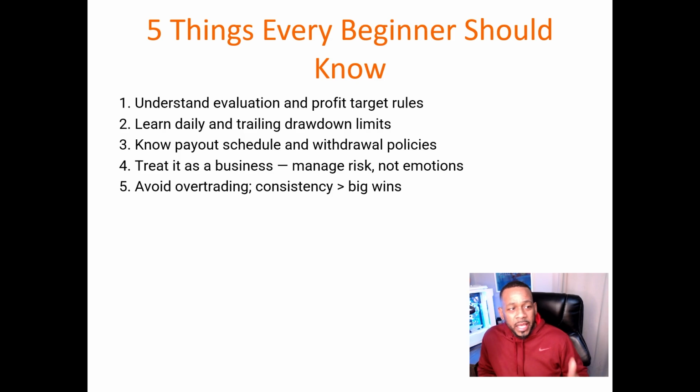And number 2 here, each one of their sites has a daily drawdown limit or trailing drawdown limits. You need to know what that prop firm has and how that will affect your trading. I'll say this all in summary once I get through the 5 steps, but the main thing is having these rules will make you a better trader.